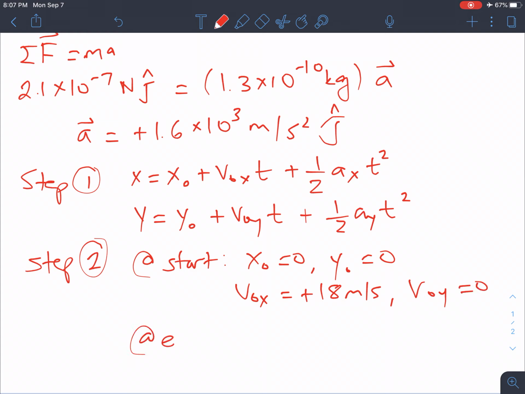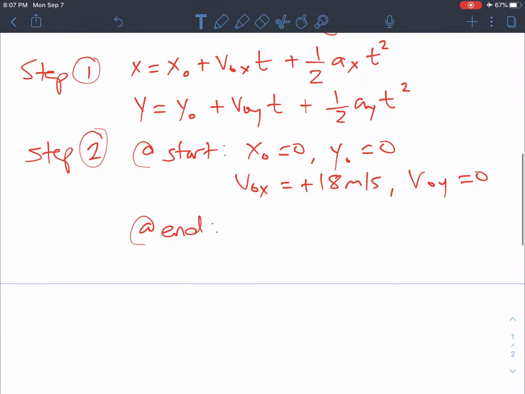And at the end, we can think of what we have at the end. X is the length, right? So it's simply L, and the L value is 1.6 times 10 to the negative 2 meters, along the x direction.